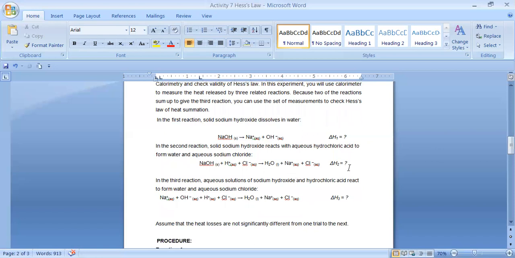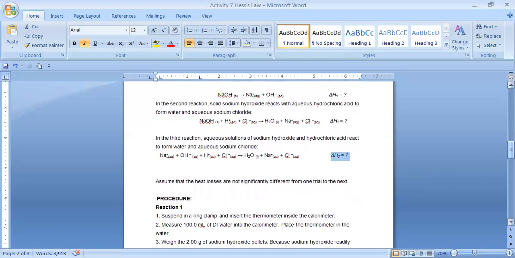Okay? So on the second reaction, what is your heat of reaction? And lastly, in the third reaction, aqueous solutions of sodium hydroxide and hydrochloric acid react to form water and aqueous sodium chloride. Now, what would be the heat of reaction for this last equation?